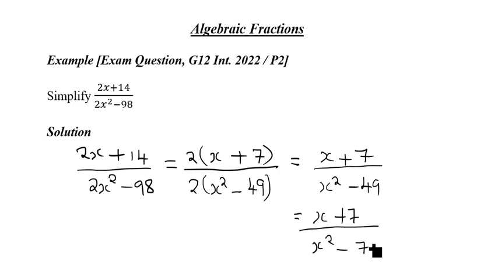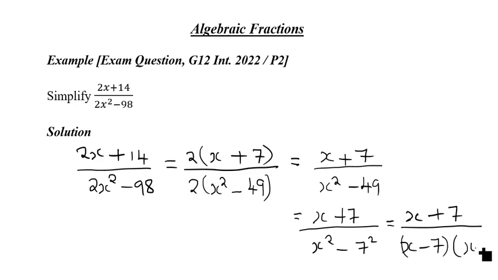So we write 7 squared, from the concept of difference of two squares. The numerator will just be the way it is. Applying the difference of two squares, we are now going to have x minus 7, and then x plus 7, you close.